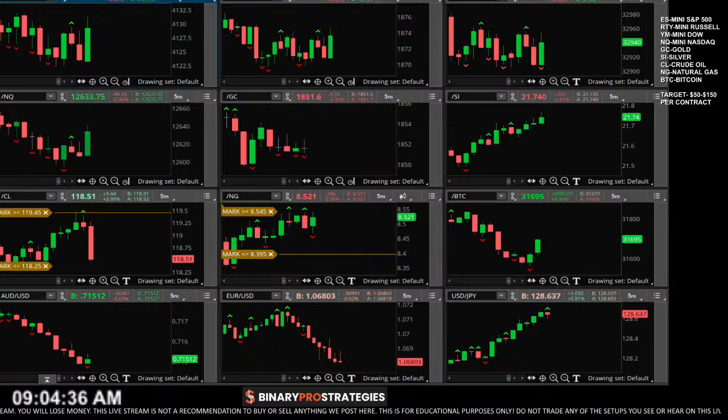I like the action that I'm seeing in the currencies. Don't have any setups quite yet.